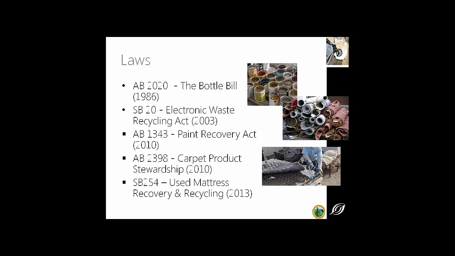So the bottle bill is one of them. That was passed in 1986, and I'm sure most of you are very familiar with the fact that we have a fee on beverage containers in California, and that fee then has created an infrastructure. The money that's collected through that fee, some of it is redeemed through returning those materials, but there's a ton of money that's not redeemed that has built an infrastructure and helps fund systems to collect these bottles.